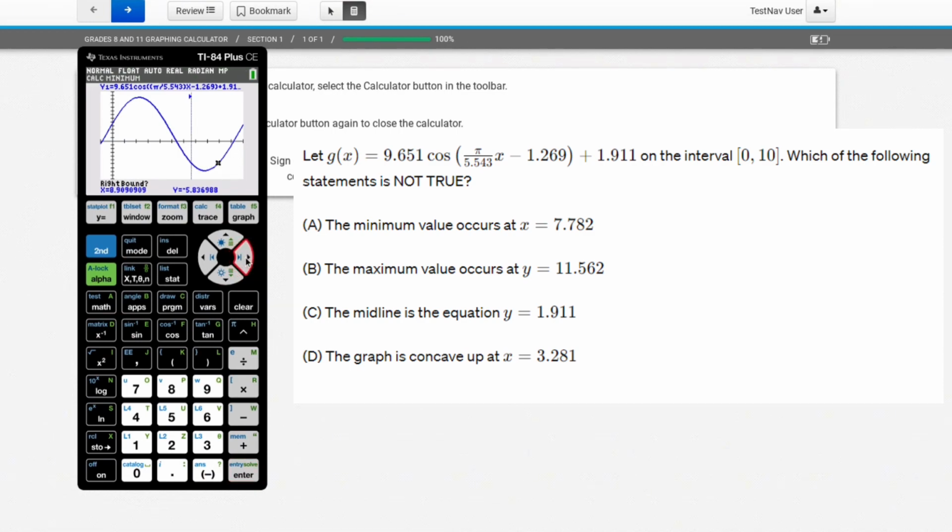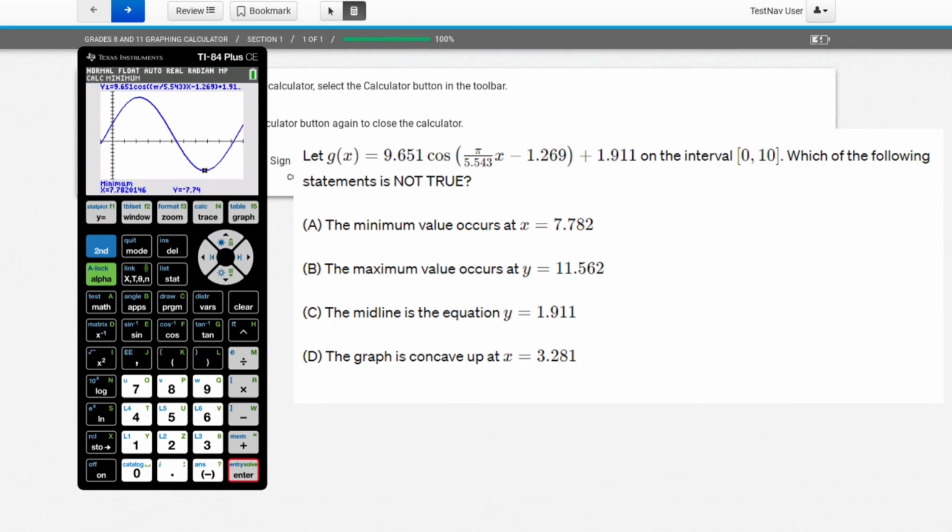Guess is always enter. My minimum occurs at x equals 7.782. So A is true. That's not the lie, so A is not the one I want.